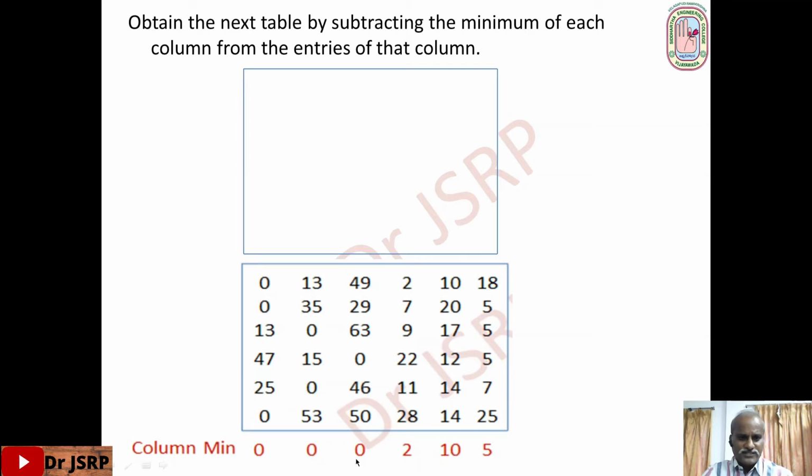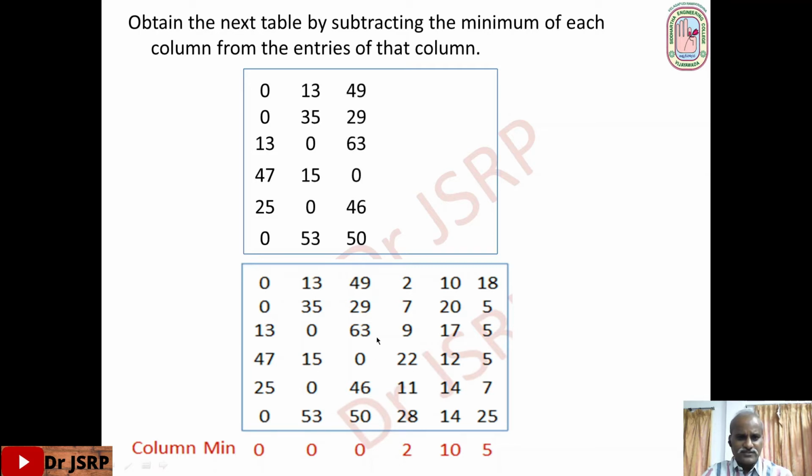So first 3 columns remain same, since we subtract 0 from each of them. Subtract 2 from fourth column, 2 minus 2, 0, 7 minus 2, 5, 9 minus 2, 7, 22 minus 2, 20, 11 minus 2, 9, 28 minus 2, 26.